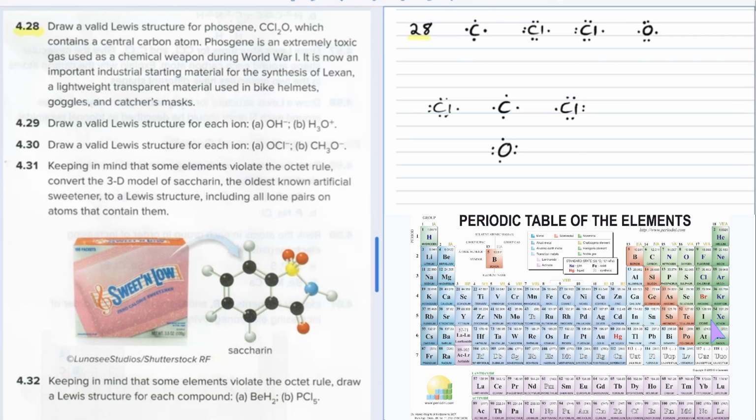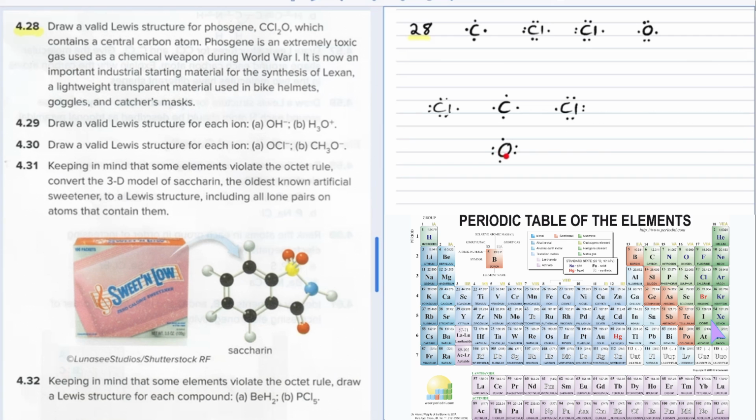Now, if you're wondering why the chlorine has to go here and the oxygen there, why can't the oxygen go to this side and the chlorine to that side, or maybe the oxygen's over here? It actually doesn't matter. The Lewis structure of a molecule just tells you how the atoms are connected. It just matters whether or not it's connected to carbon.